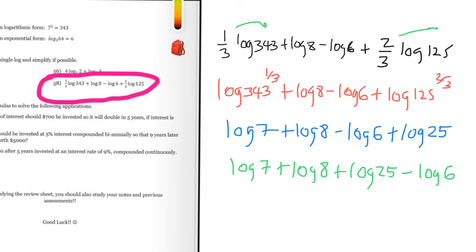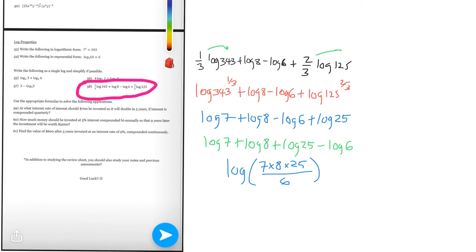So this ends up becoming log of 7 times 8 times 25 all over 6. All right, so that's a way of thinking about it.